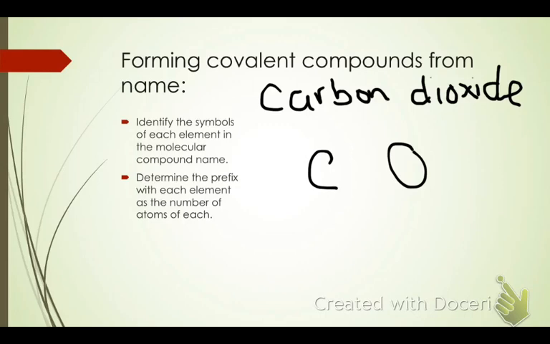Carbon doesn't have a prefix before, and we'll go over prefixes in a minute. And so it just has a single carbon, so we just write it. Oxygen, though, has a di in front of it, and di stands for 2, so this becomes CO2.